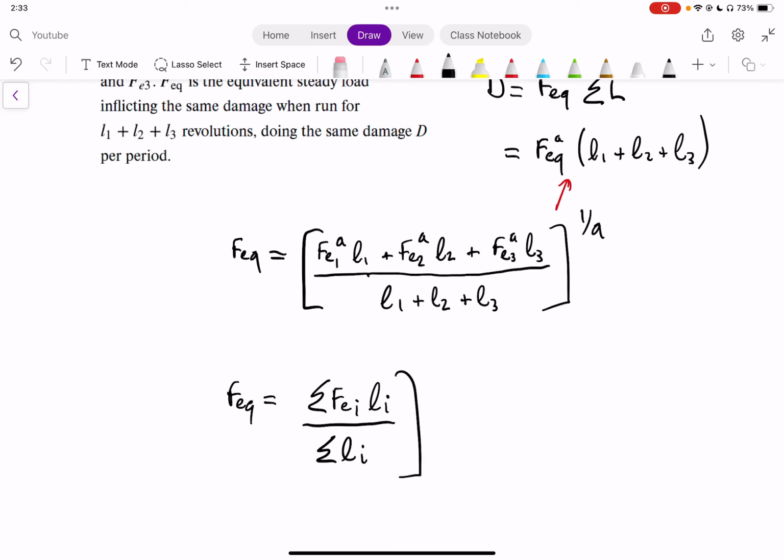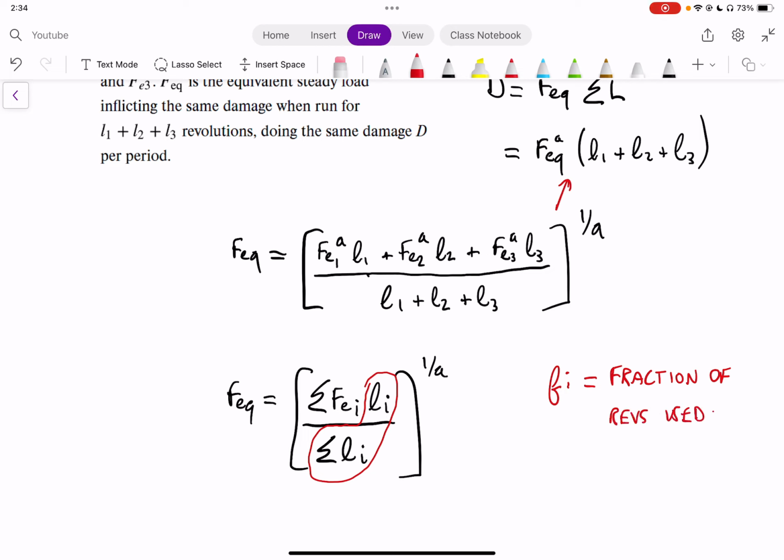And that's all to the power of 1 over A. Okay, so we can come up with a new term to group these two terms together. We're going to call this Fi, the fraction of revs used under load Fei.